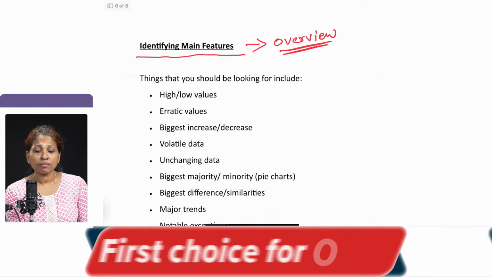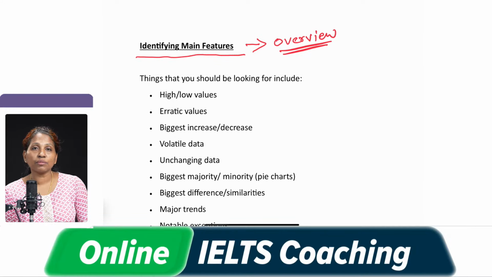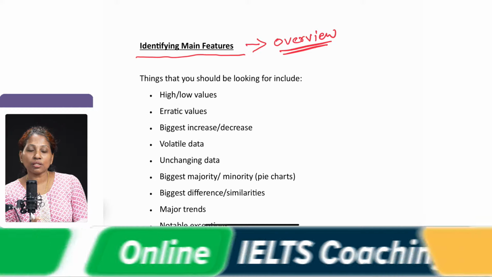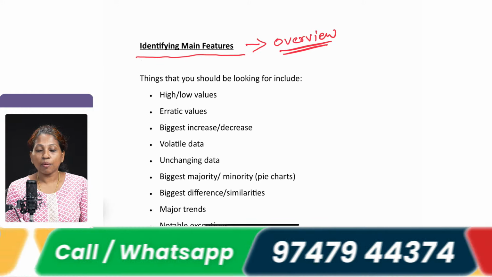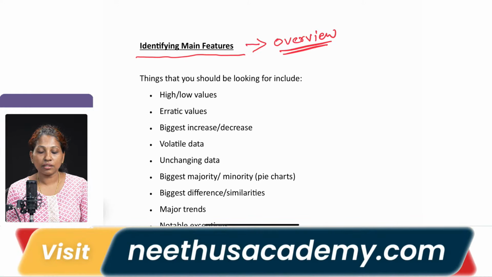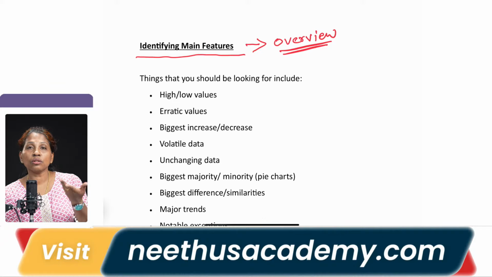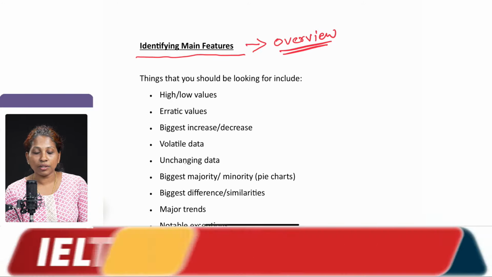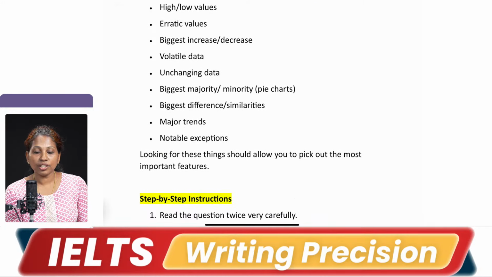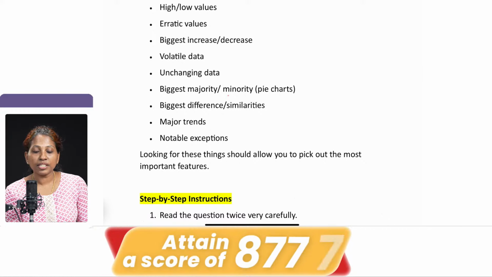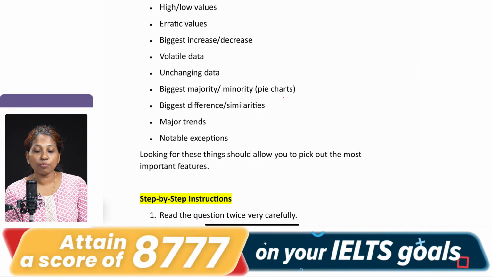Then erratic values, something out of the ordinary which can be written down specifically. Biggest increase and decrease, the growth or the decline, the highest growth or the highest decline. Then unchanging data, volatile data, something which is stable. Biggest majority or minority, mainly for pie charts.